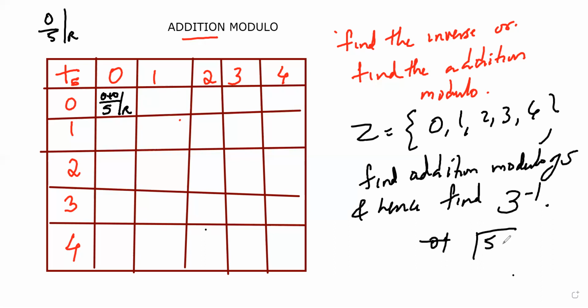Let me put it here. I'll take 5 here and 0. So it's 0 itself. Now I'm getting the thing. So shall I replace this with 0? Yes.